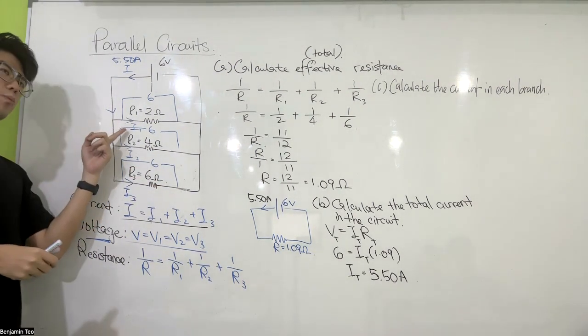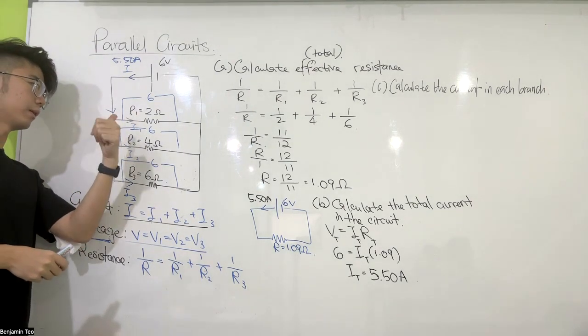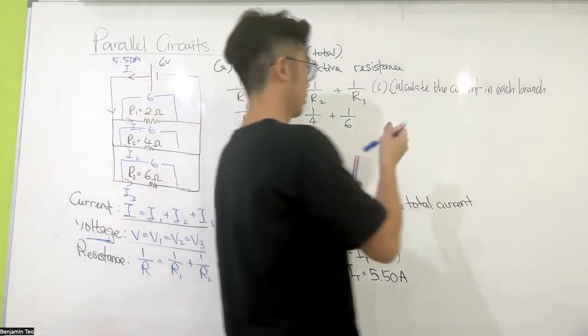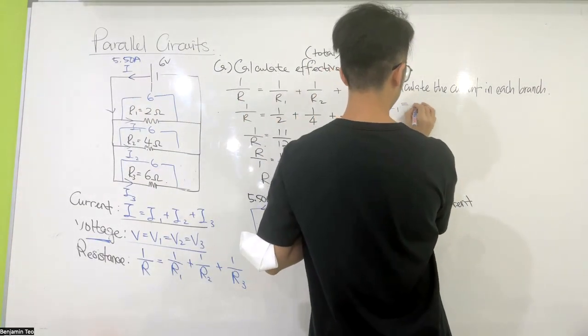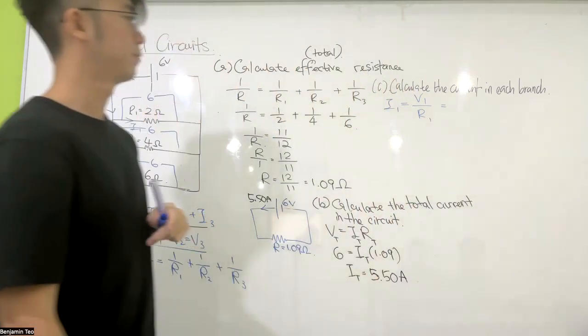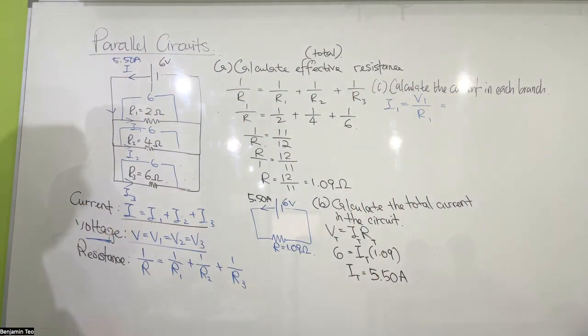So you want to get the current in branch I1. Do I have R1? Yes. V1? Yes. I1 equals V1 over R1. So V equals IR again.